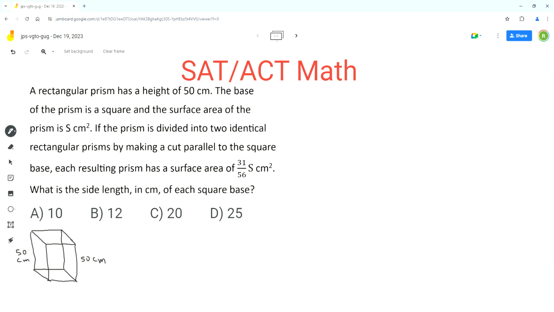So the cut is made in this direction, in the middle, so that we get two identical rectangular prisms. So the new prism will look something like this. The height of this new prism is 25 centimeters.